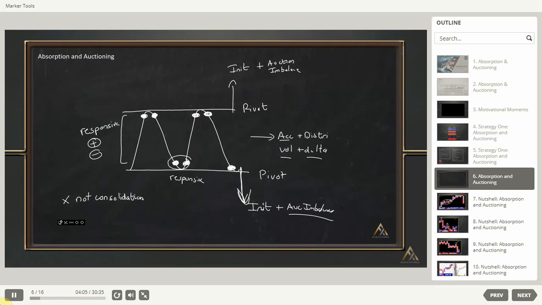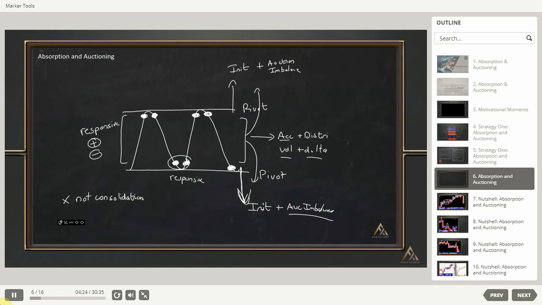Now, in terms of the relative change, obviously you will note a distinct difference between the volume, the delta, and the cumulative delta in the zone relative to once it breaks. Okay, once it breaks, you are going to see a real shift in the volume, price, and delta dynamics.